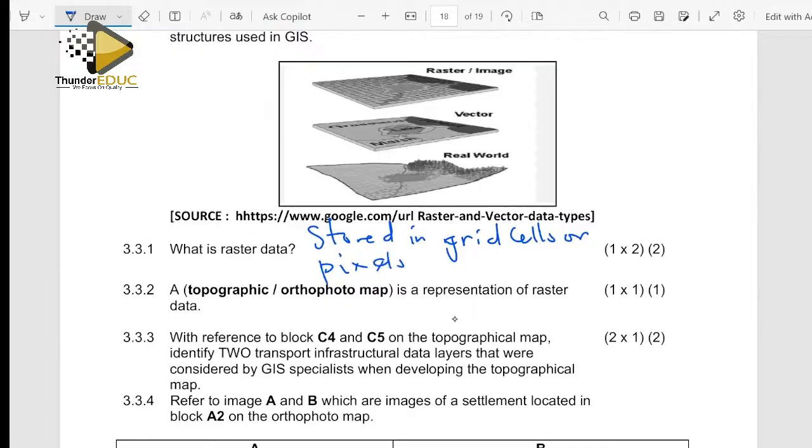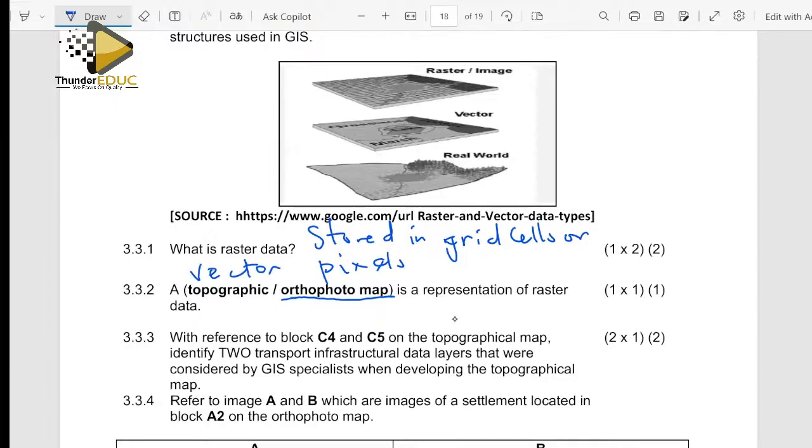That is raster data. So it's geographical data which is stored in grid cells or in pixels. Then a topographic map or orthophoto is a representation of raster data. It's an orthophoto map. Or topographic is a vector data.